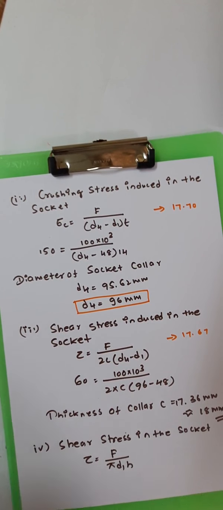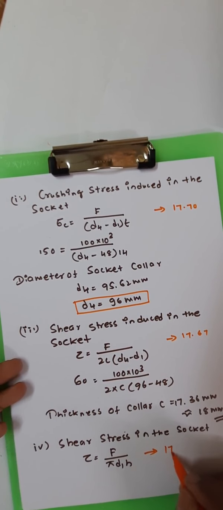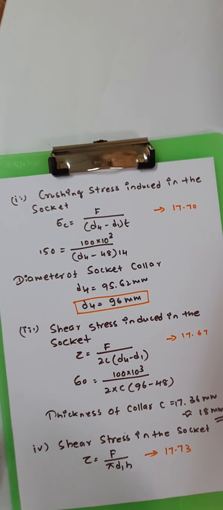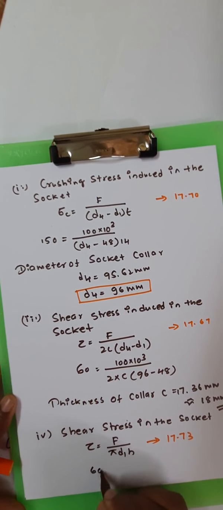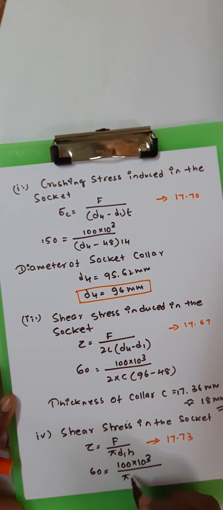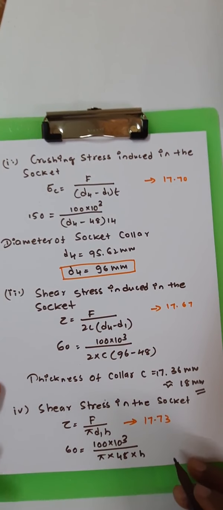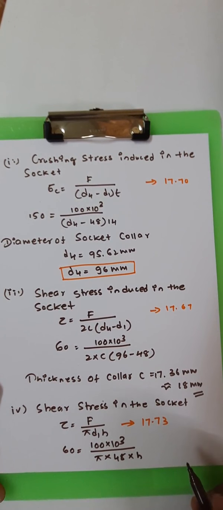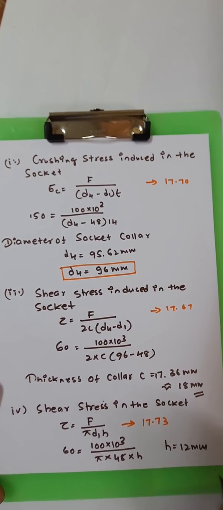This equation is also available in the design data handbook, equation number 17.73. If we substitute all the values, we know tau, that is 60, and F, that is 100 into 10 power 3, divided by pi, d1 that is 48 mm, into h, the thickness, which we don't know. If we simplify this, the value of h is equal to 12 mm.